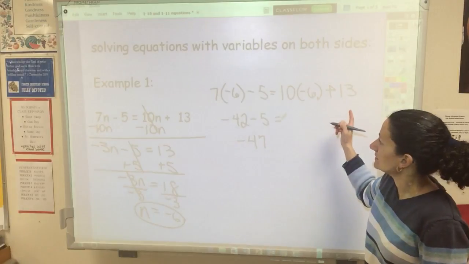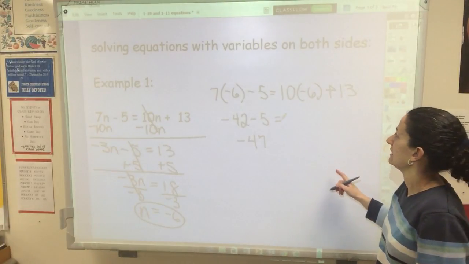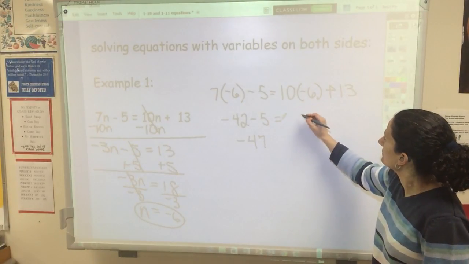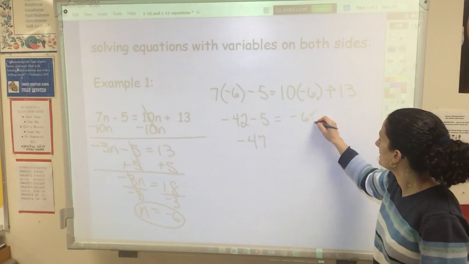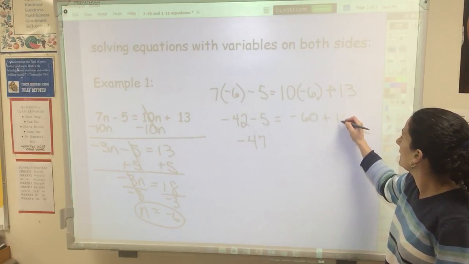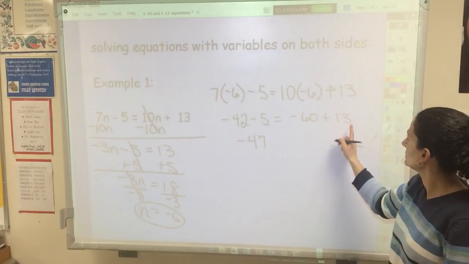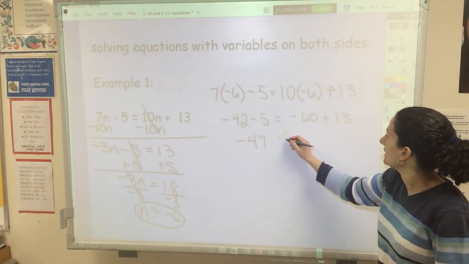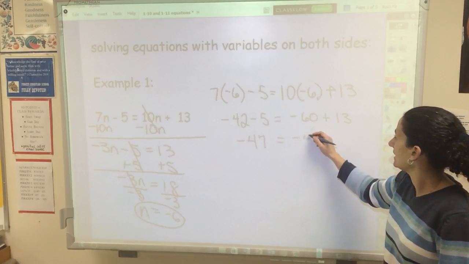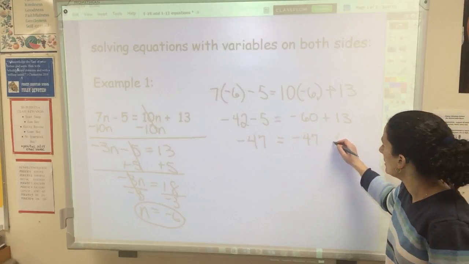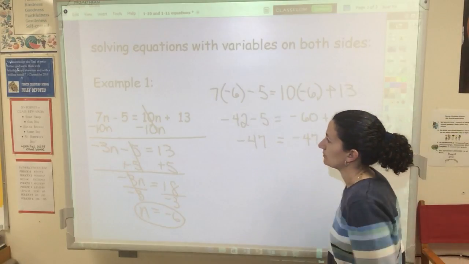Let's check and see if this side equals negative 47 also. So 10 times negative 6 is negative 60, and negative 60 plus 13, I do indeed get negative 47. So my check works. I did the problem correctly.